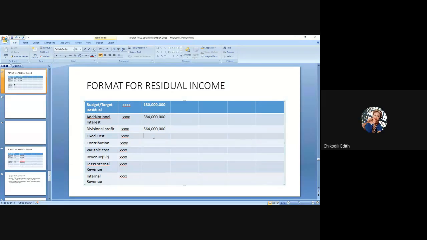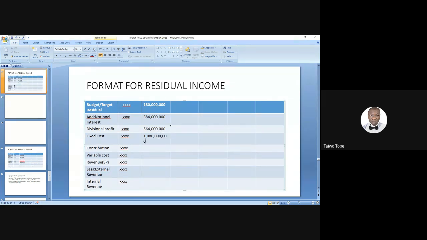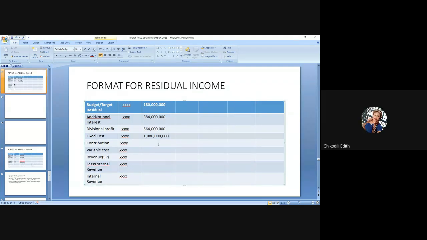Yes, sir. Fixed cost is 1,080,000. So your divisional profit plus your fixed cost will give you contribution.